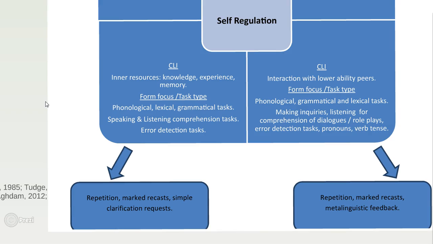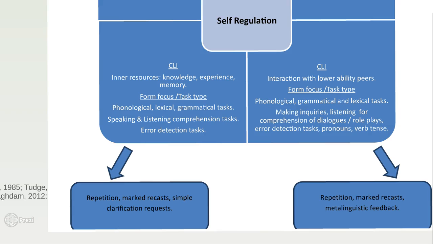This is where a student would rely on their internal skills, experiences, strategies that they've learned, or modeling from the teacher. In this instance, repetition, a marked recast, or a simple clarification request could be the best form of feedback to use.